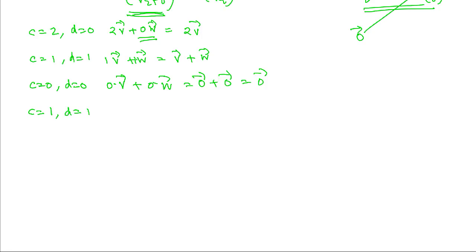In this case, you'll get 1V plus minus 1 times W. You essentially get V minus W. Whenever you have a minus in front of it, that means you are multiplying by minus 1. This is essentially subtraction, and it is also a linear combination.